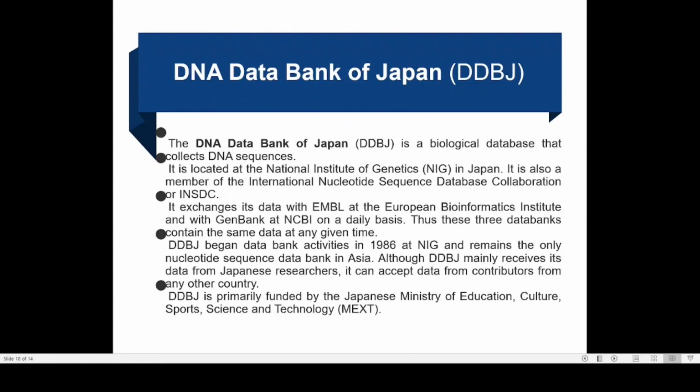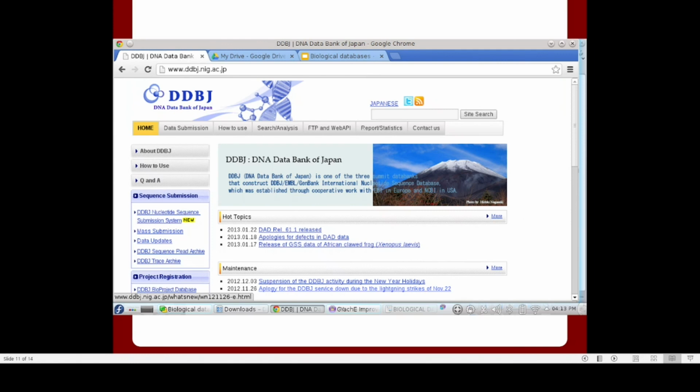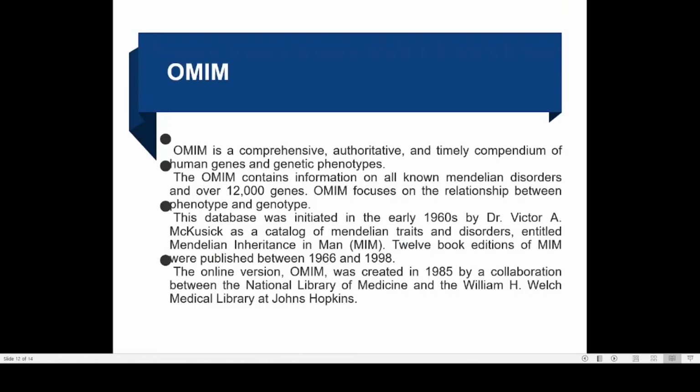Then another famous database is OMIM. Regarding OMIM, I have already shown you. OMIM is a very comprehensive database that will give you a lot of information about Mendelian disorders. Mendelian disorders are basically genetic disorders, based on dominant and recessive traits. They show a relationship with phenotype.